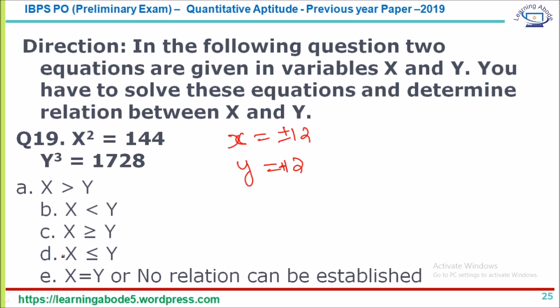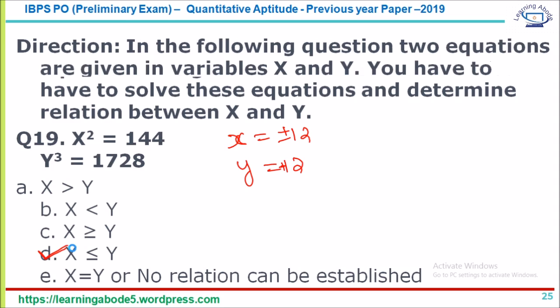So you can say x is less than or equal to y, because if x equal to 12, y equal to 12, so x and y are equal. If x equal to minus 12, then x is less than y. So the answer for this question is option D. This is a very good question.